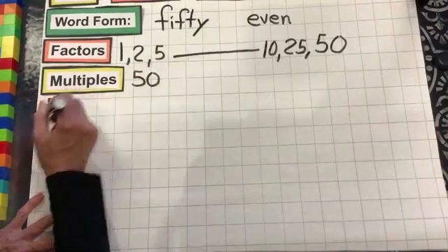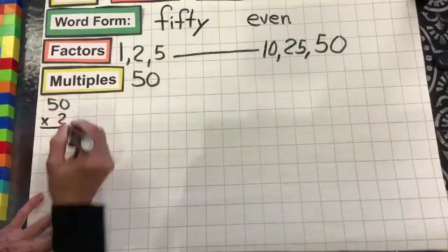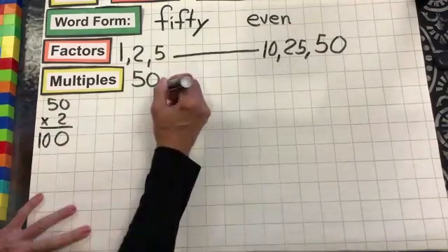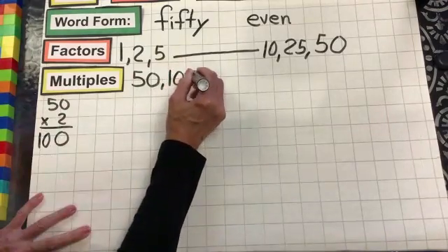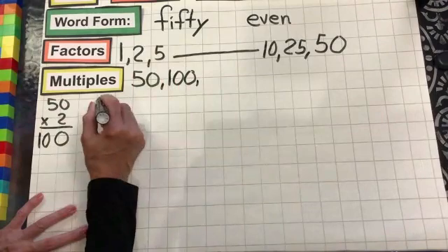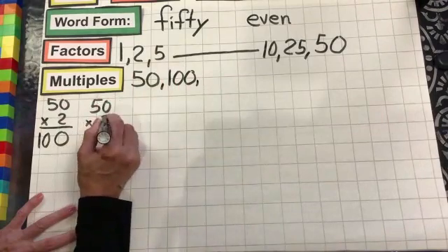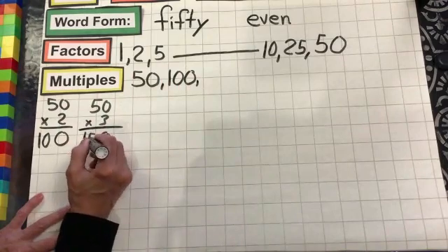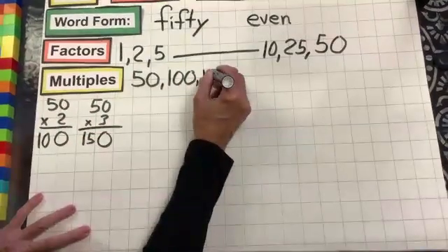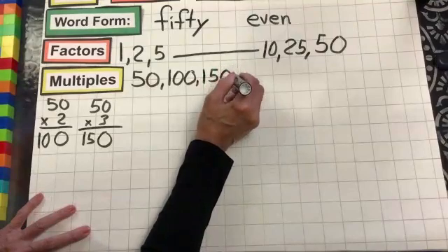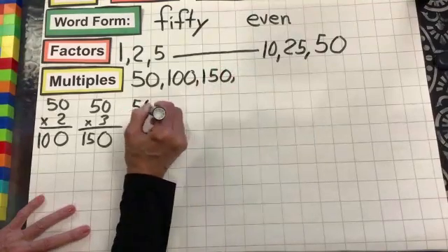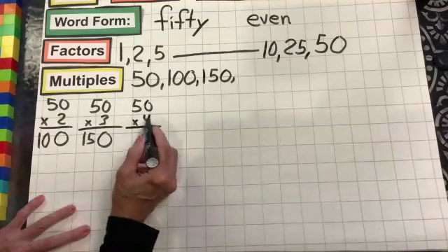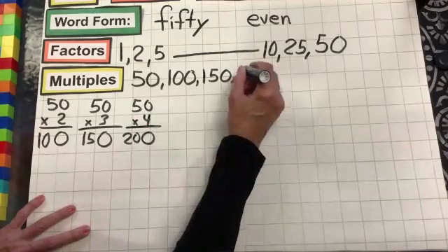If we have 2 times 50, 2 times 0 is 0. 2 times 5 is 10. 2 50s is 100. 3 50s. 3 times 0 is 0. 3 times 5 is 15. So it'd be 150. I'm sorry, 4 50s. 4 times 0 is 0. 4 times 5 is 20. So it'd be 200.